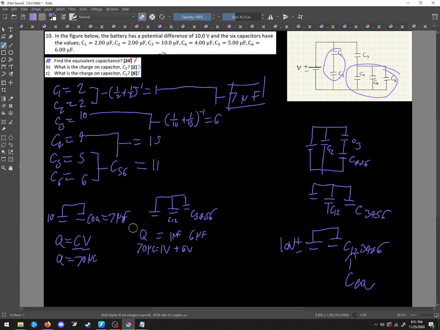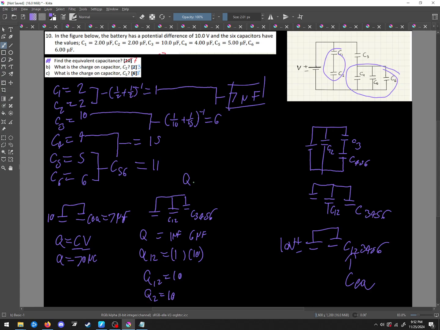So for Q12, that's going to be equal to 1 times the voltage of 10. So Q12 equals 10. And because this is in series, charge is the same across 1 and 2, so Q2 equals 10. And now it asks, what's the charge in 5? Okay, this is further on down the road.